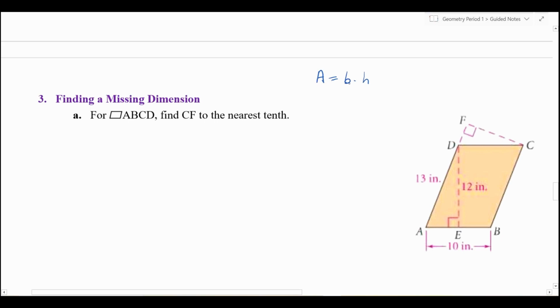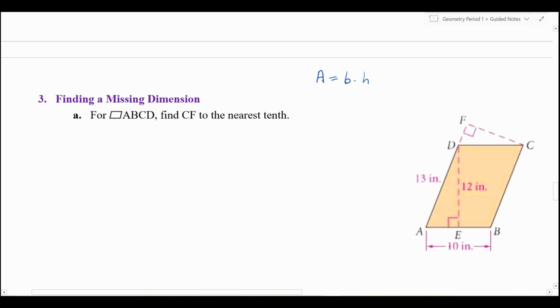Problem 3 states, find the missing dimension for parallelogram ABCD. Find CF to the nearest 10th. So CF is over here. And you're wondering, can I use the Pythagorean theorem over here?